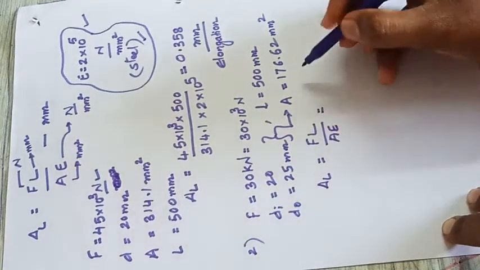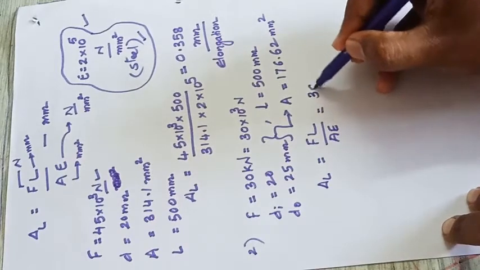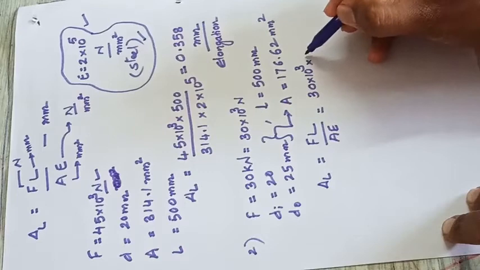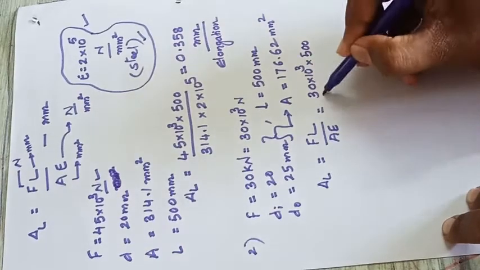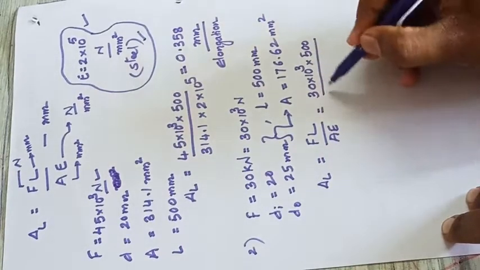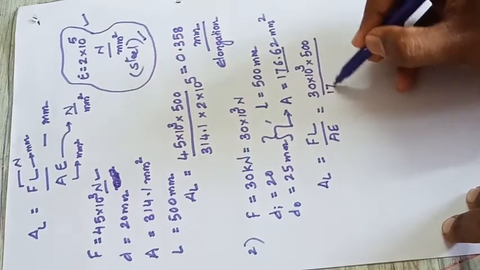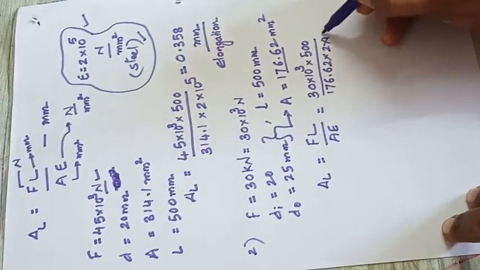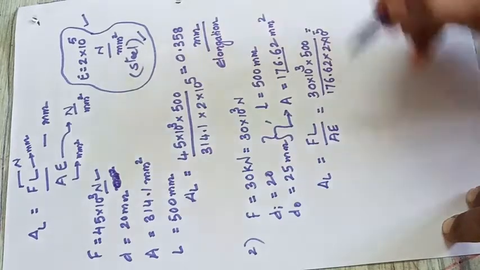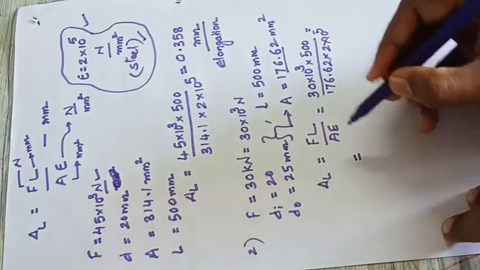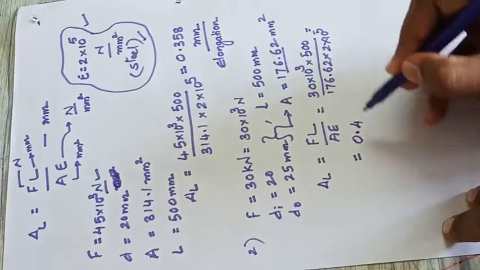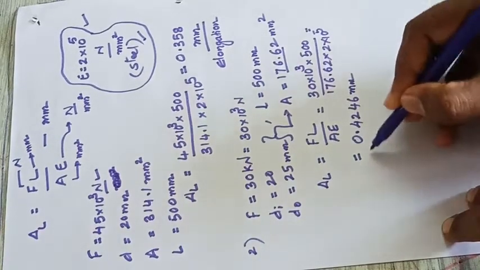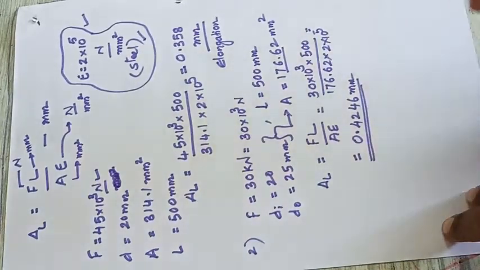This is equal to force 30 into 10 raised to 3, into length 500, divided by the area 176.62, and the Young's modulus 2 into 10 raised to 5. So the answer is 0.4246 mm. It is for the hollow cross section bar.